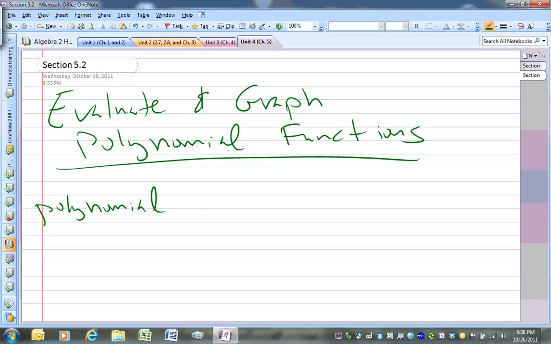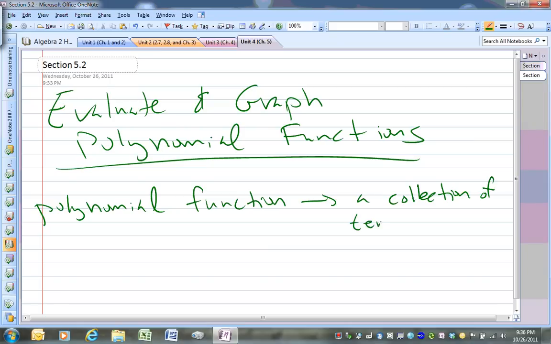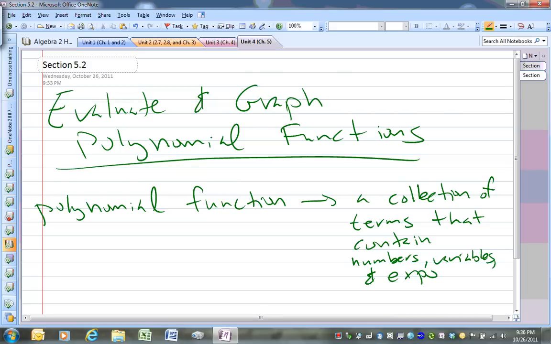So a polynomial function is basically a collection of terms that contain numbers, variables, and exponents.